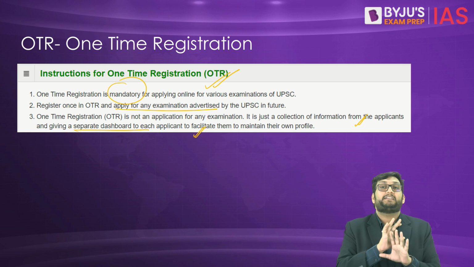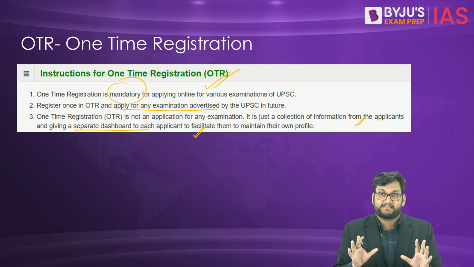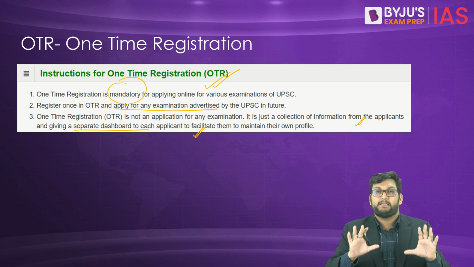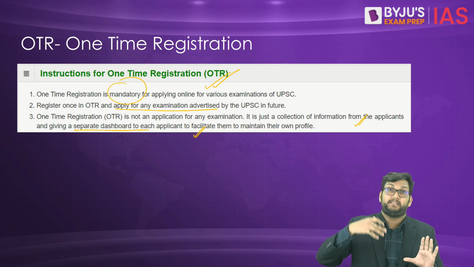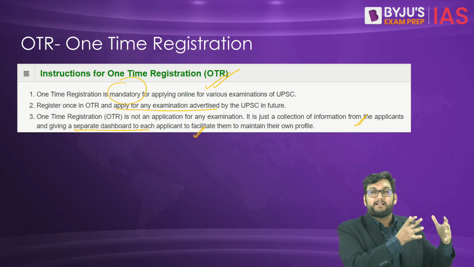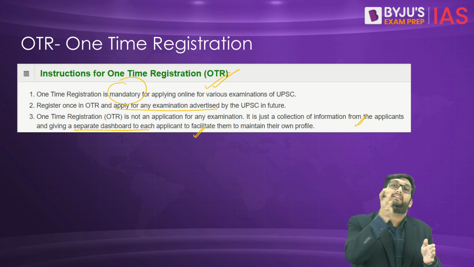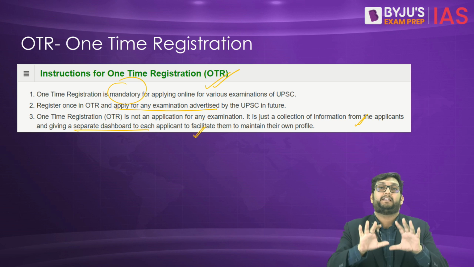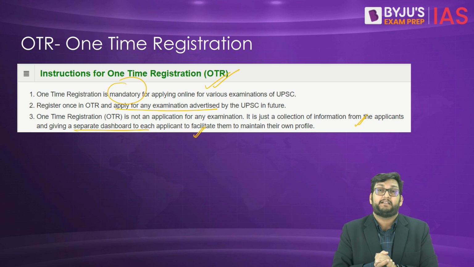In itself, it does not mean that you've applied to UPSC examination, CSE or anything. It is a one-time important process which will happen every year, but there will be already a set of users which had already done it in the last cycle. So understand this, once you generate your OTR, it doesn't mean that you've applied to UPSC or your form has been generated or anything else has happened.